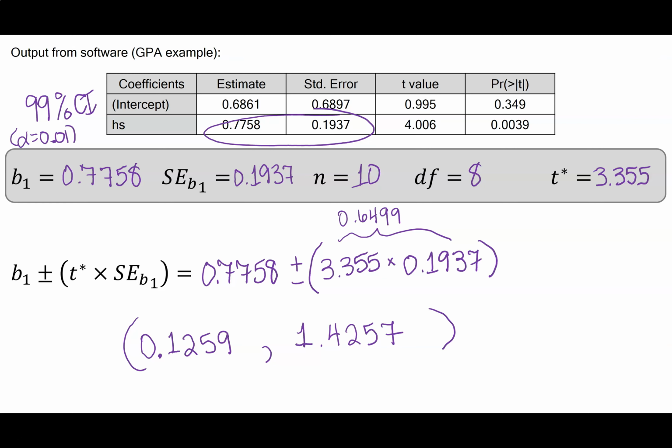So we estimate that slope coefficient goes from 0.13-ish to 1.4.